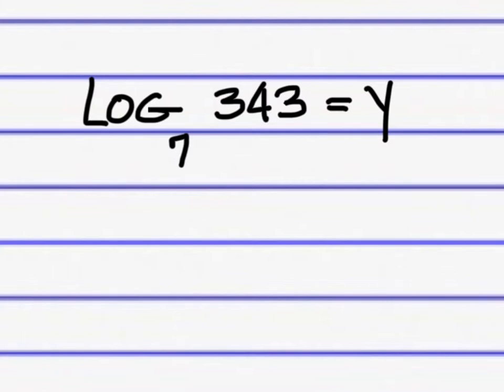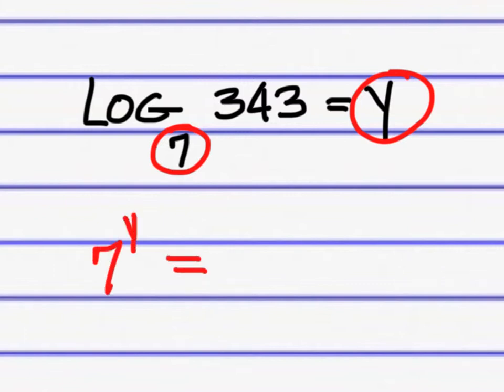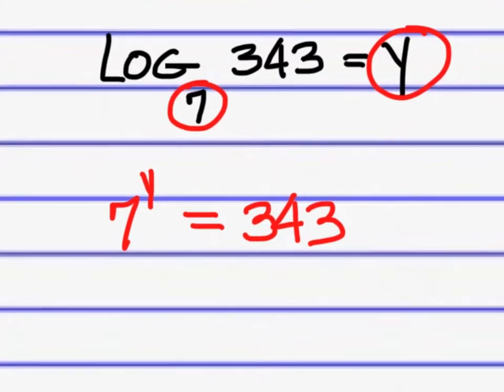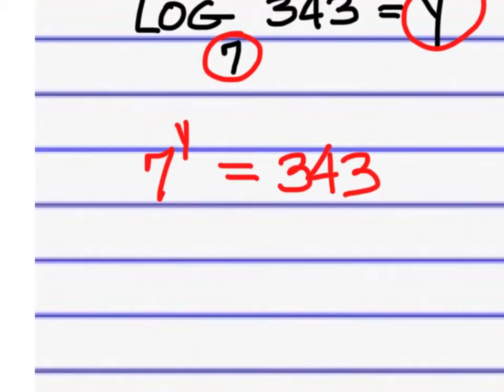To solve this, you must know that it means 7 to the y power equals 343. And if I want to solve for y, then what I must do is put a log on each side.